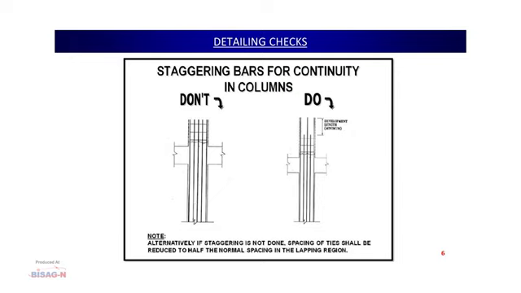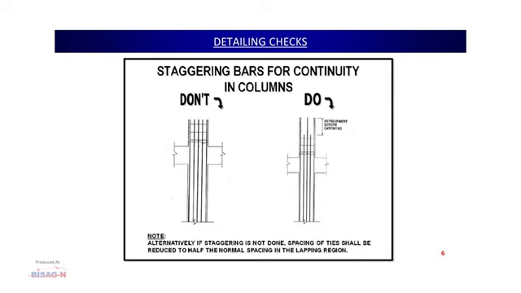As per the codal provision, we have to ensure that not more than 50% of bars are lapped at any particular location. So, to do that, we have to tell the bar binder from the very beginning to manage accordingly, so that at any section only 50% of bars are lapped or overlapped.